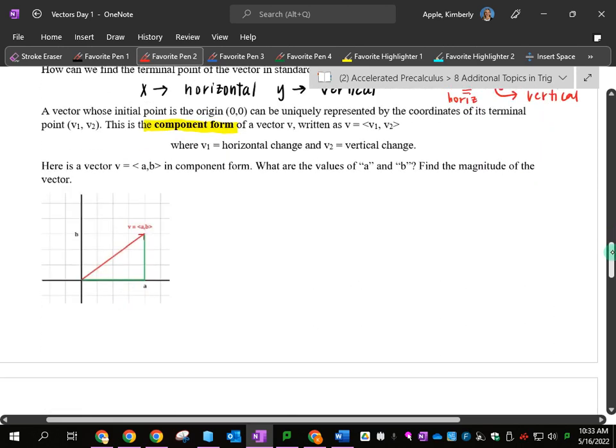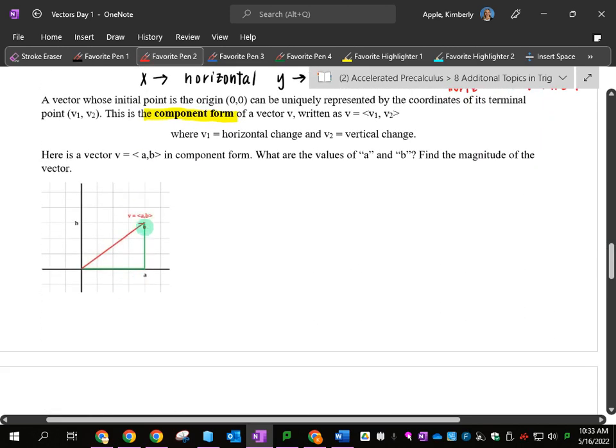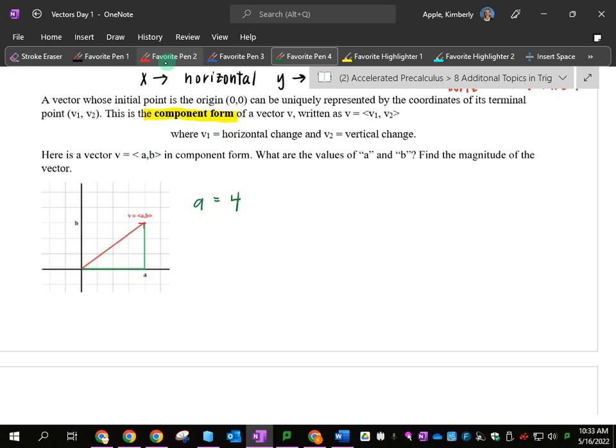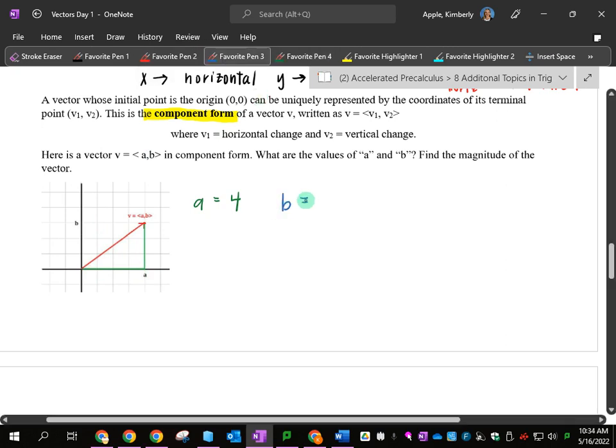Let's do this one. So here's this vector AB. It's defined by this terminal point AB in its component form. What are the values for A and B? So what's the value for A? 4. Just 4. And then what is the value for B? B is just 3 because this vertical change is 3.